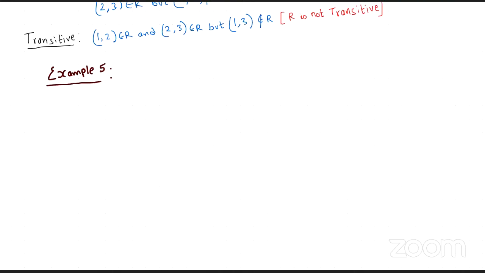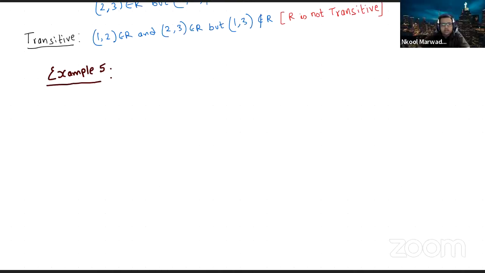So we have a relation R in the set Z. That is the integer relation.